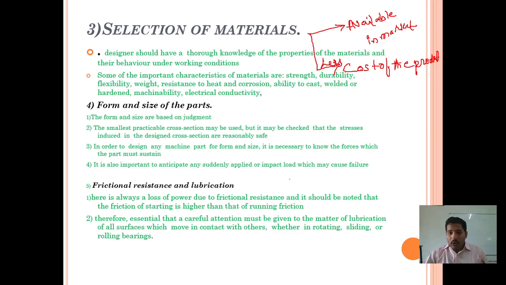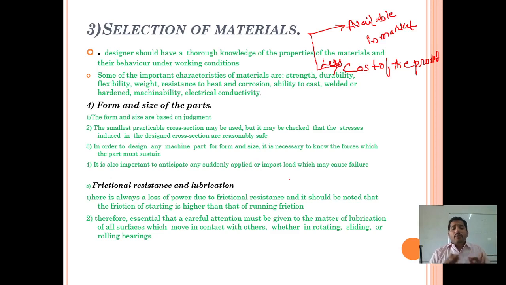Based on that we have to purchase the product. Does the material have durability, does it have flexibility, and what will be the weight of the material we have to select for making any machine component?